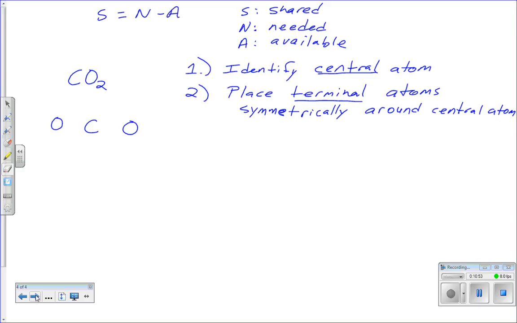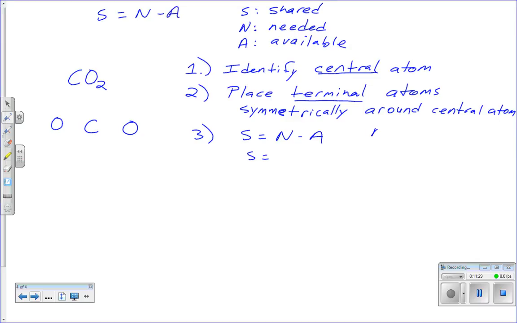So we identify the central atom. We place the terminal atoms around it symmetrically. And then we do the S equals N minus A thing. So shared, the number of electrons that are going to be shared, is equal to the number of electrons that are needed minus the number of electrons that are available.